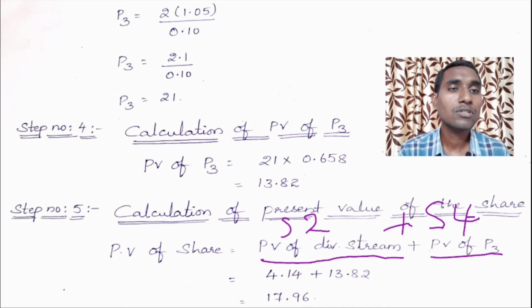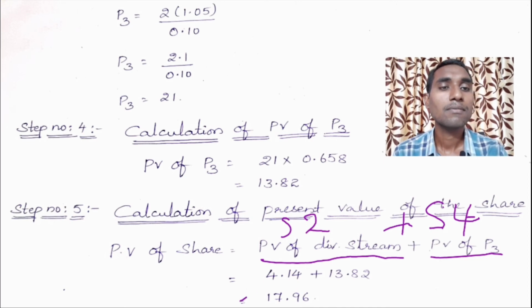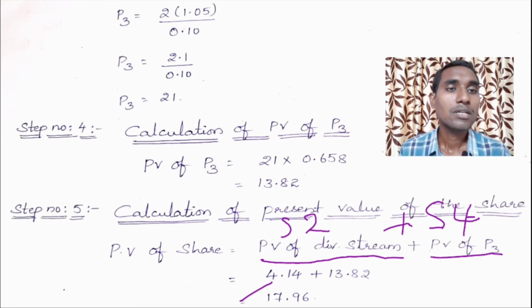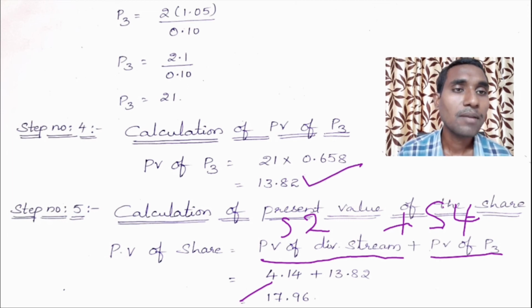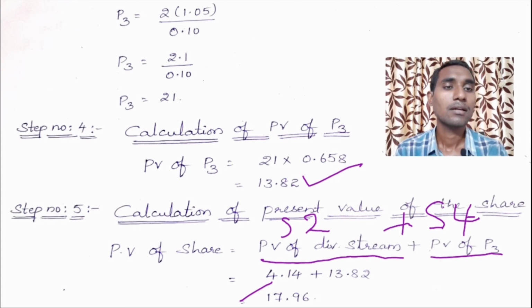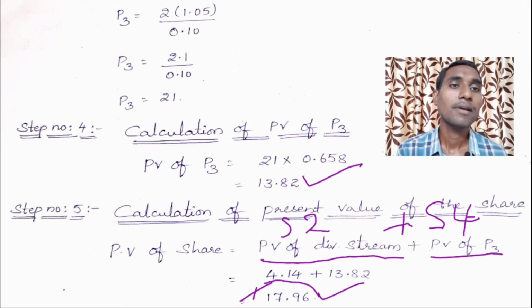So if you add both step number 2 output and 4 output, you will get the present value of share. So step number 2 output is 4.14 and step number 4 output is 13.82. If we add both the things, we are getting 17.96. This is the value of equity share.